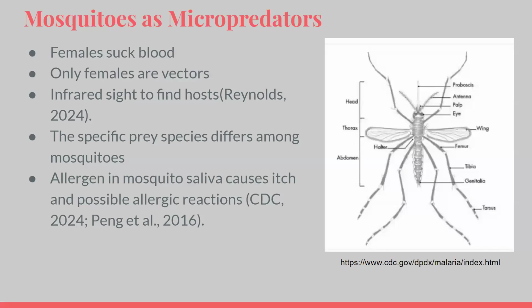So that will come into play when we discuss different types of parasites that mosquitoes transmit a little later. And interestingly enough, the allergen that is found in mosquito saliva is actually what causes the inflammation and itchiness that we have when we have mosquito bites. There's also a possibility of allergic reactions to the allergen if the person who has been bitten has an allergy or has some kind of unforeseen reaction possibility.